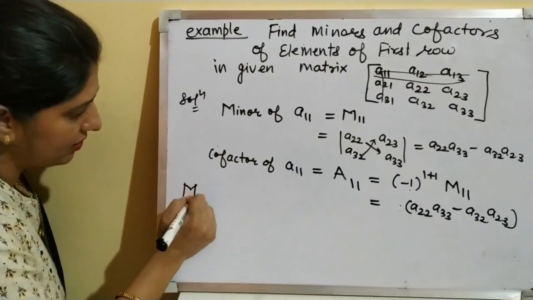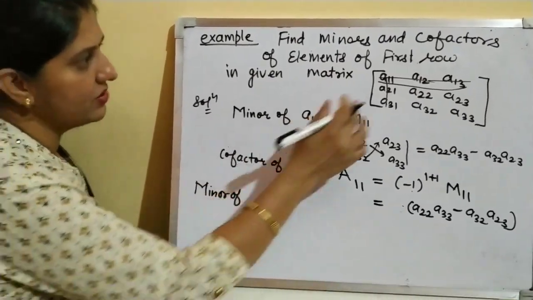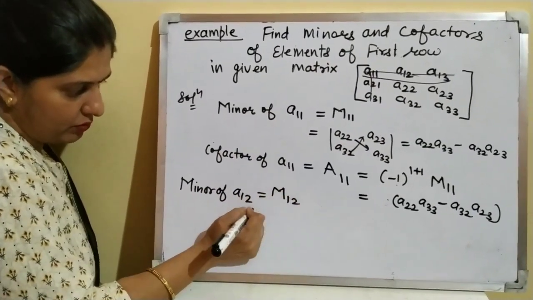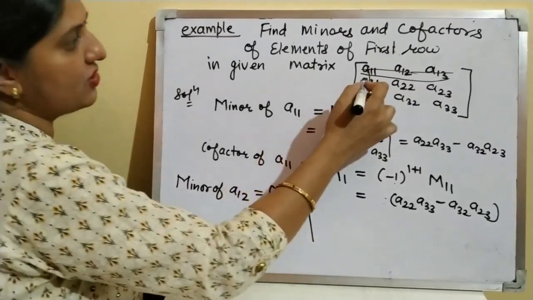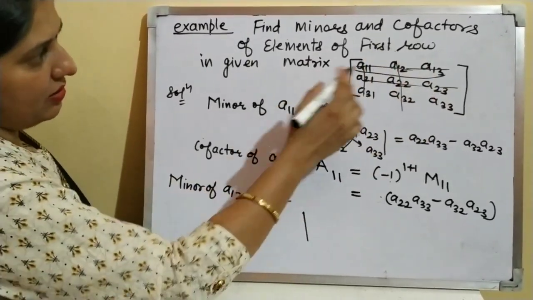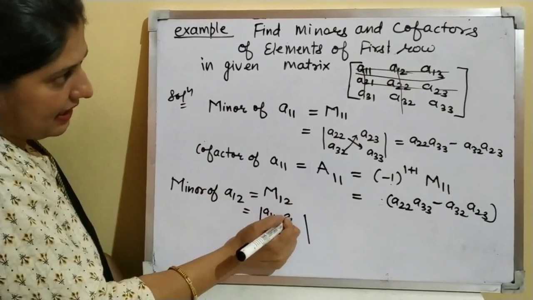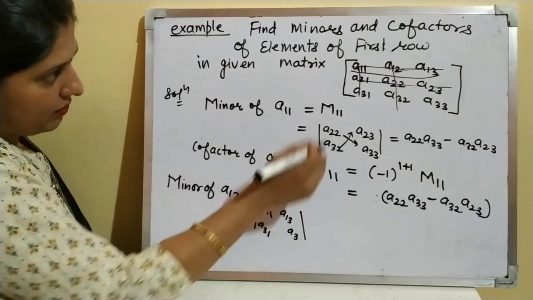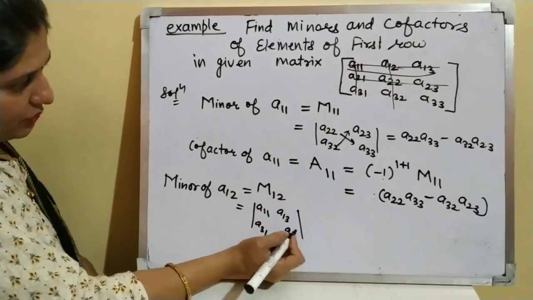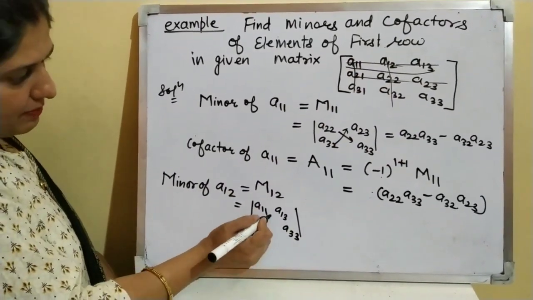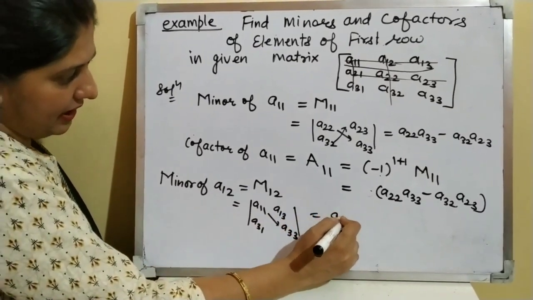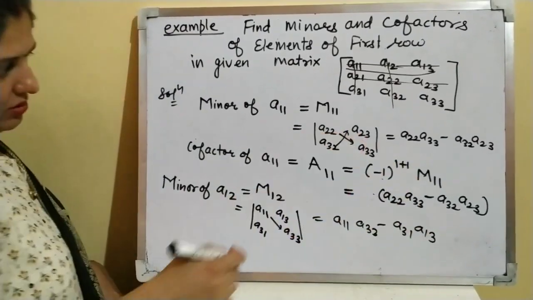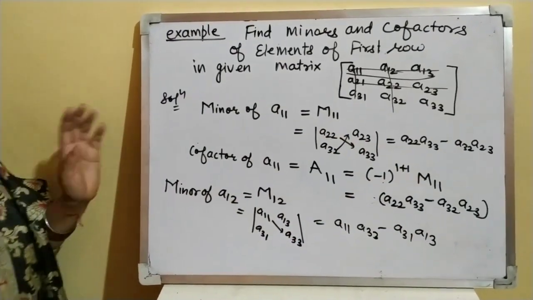In the same way, the minor of the second element A12. Now you can write it directly, M12. Delete first row, second column, write all other elements as they are. Just simplify the determinant: A11, A33 minus A31, A13. Now we have to calculate the cofactor.